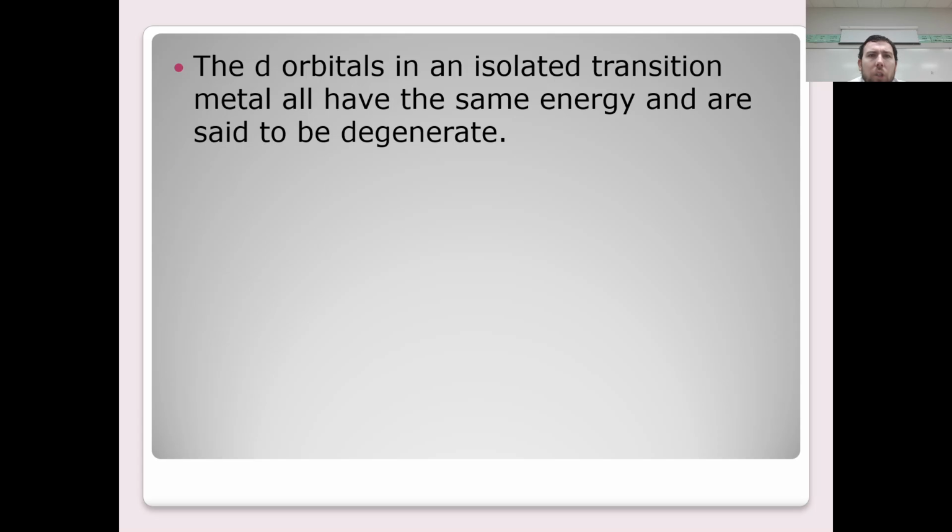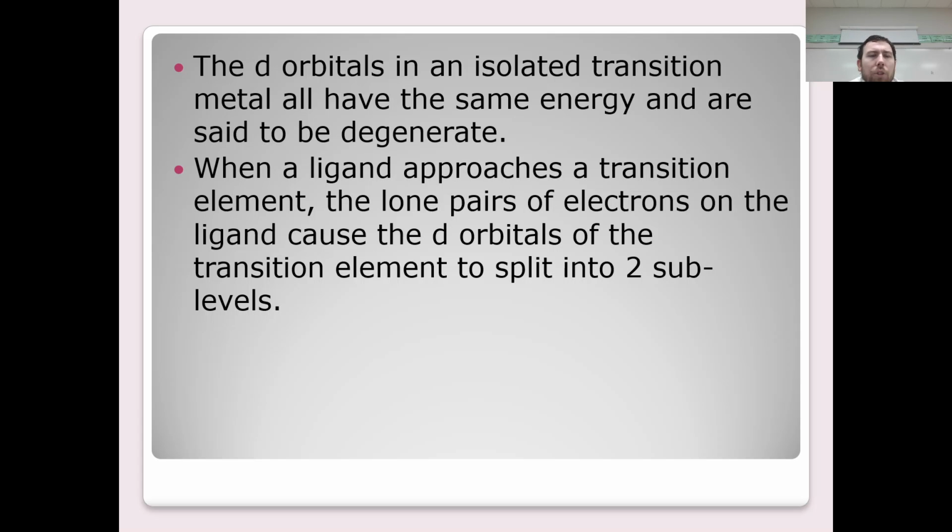Now, let's talk a little bit more about what's going on with these d orbitals. So we know that in a transition metal, if it's not an ion, the d orbitals all have the same energy and are said to be degenerate. That's what we've always communicated to you guys about orbitals, that they would always be degenerate. They have the same energy.